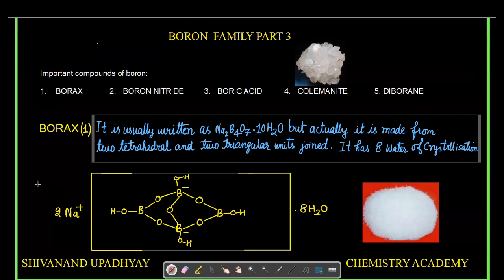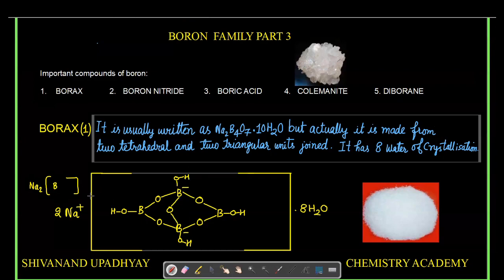So how will we remember it? There are 4 boron atoms, right? There are 2 positive charges because 2 Na plus ions are there. So the anion part has 2 boron atoms in minus 1 oxidation state. They have 1 negative charge, you can see over here, right?